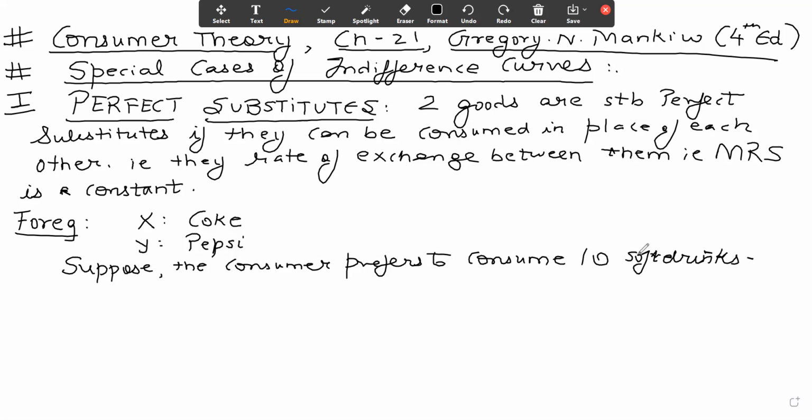Now, what all bundles can we have? You give the consumer 0 Coke with all Pepsi.